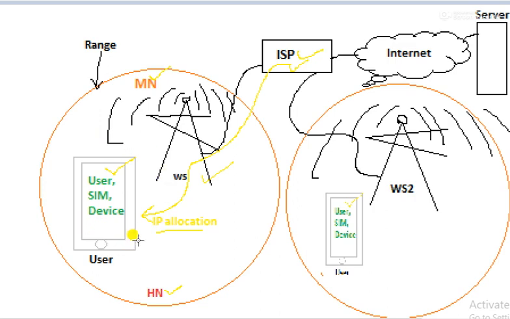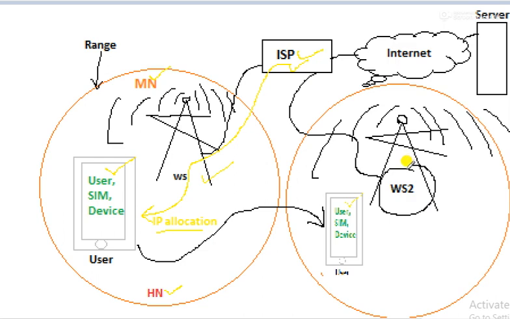Right now this user is available within the range of this wireless station. After some time this mobile device, or this user, has entered into another wireless station or access point's range.